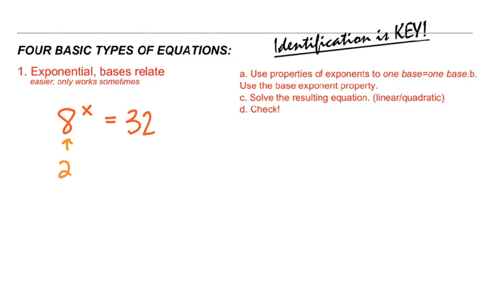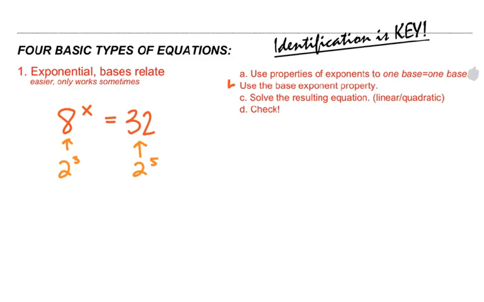So 8 is 2 cubed, and 32 is 2 to the 5th. So these are both base 2. So my first step, looking over here, and there's a typo, but I am not in my office and can't fix it.